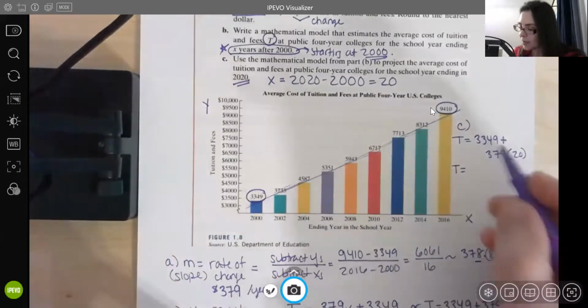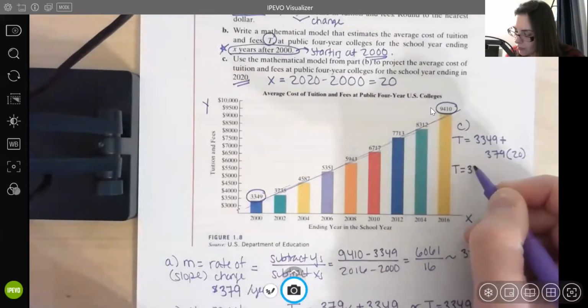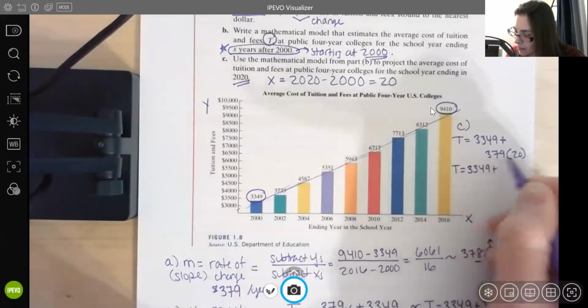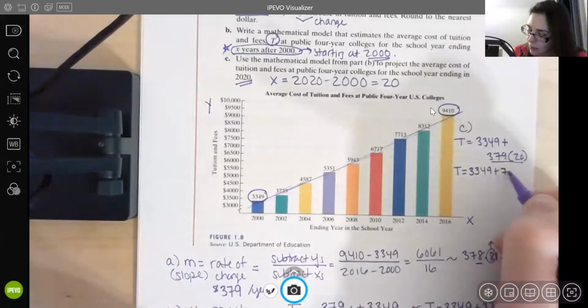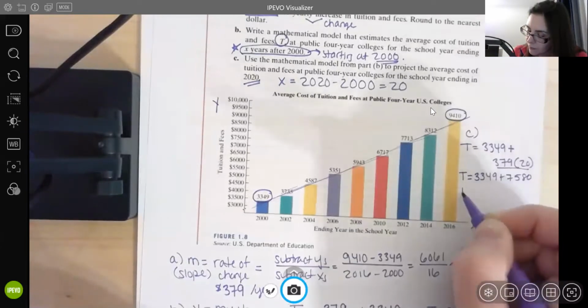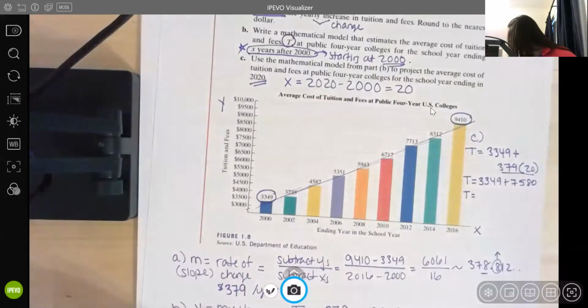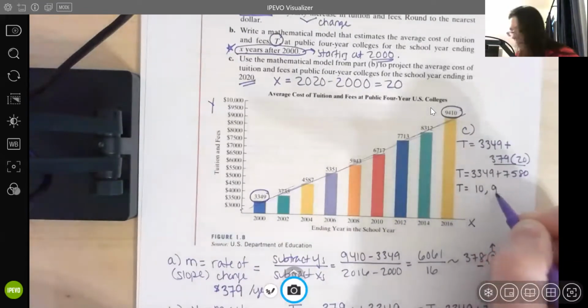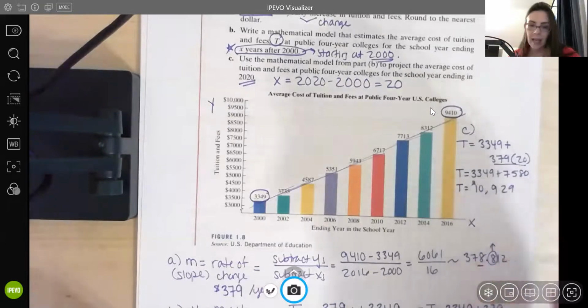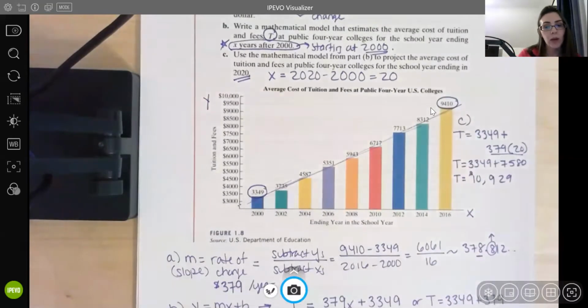Now, when I multiply that by 20, I'm just looking at my notes here, I have the 3349, and then this piece here is going to become 7,580. And I finally get that my tuition in 2020 is projected to be almost 11,000, right? Around 10,929.